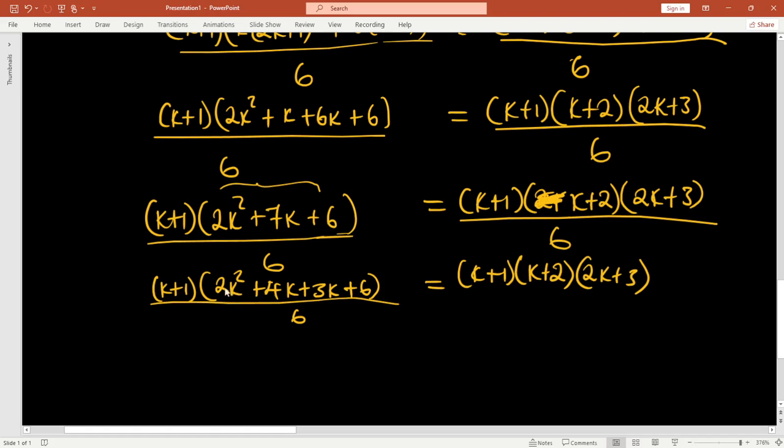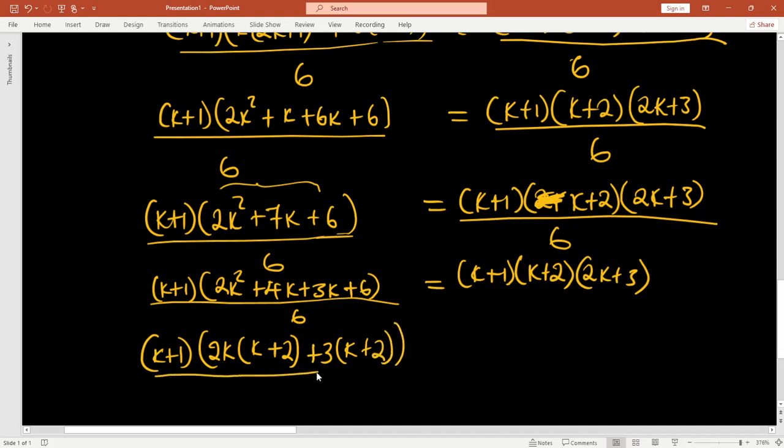The common term on the first two terms in the brackets is 2k. So we have k plus 1, open brackets, 2k, open brackets, we're left with k plus 2, plus what is common here is 3, so 3 open brackets, we're left with k plus 2, we close them.